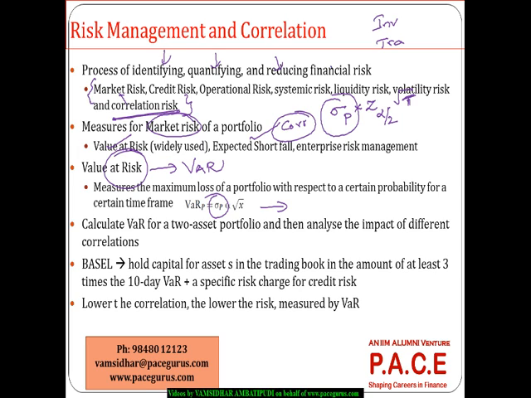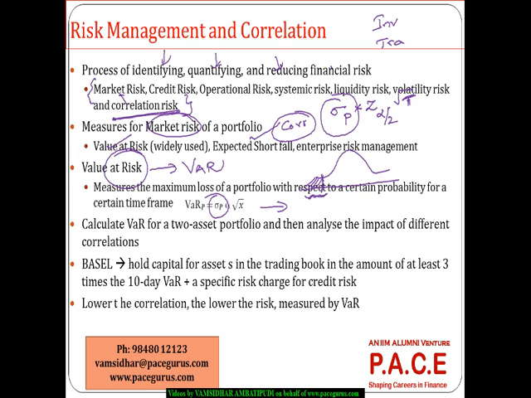The same logic goes with expected shortfall as well, because in expected shortfall also we are trying to measure the tail of the distribution. We are trying to see what is the expected loss within the tail. Now these tail values will be higher if the standard deviation is higher, and lower if the standard deviation is lower. And again, the standard deviation is lower if the correlation between the assets is lower. So the determination of market risk is very much dependent on the correlation.